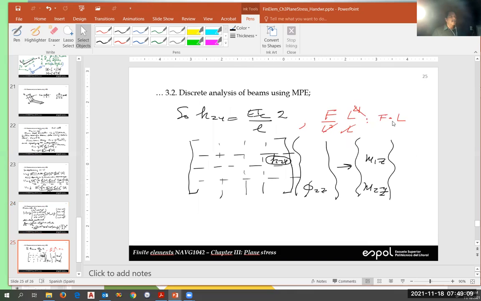So that's the process. This is just another way to do the same thing, to get to the same point. And the point is that we obtain the stiffness matrix of the beam element.